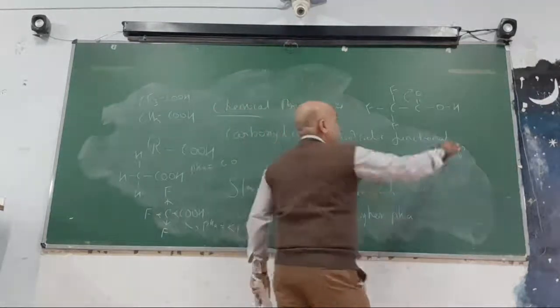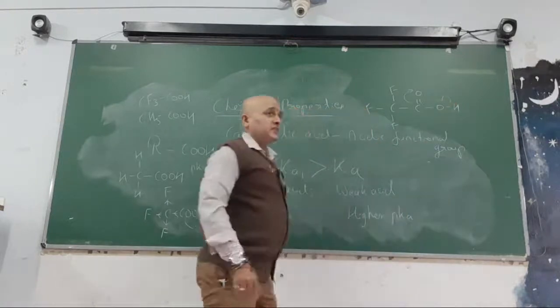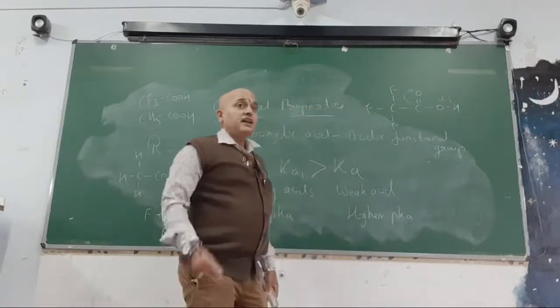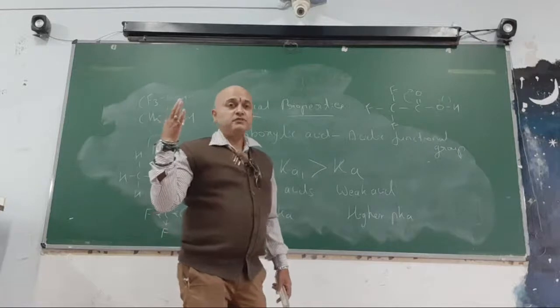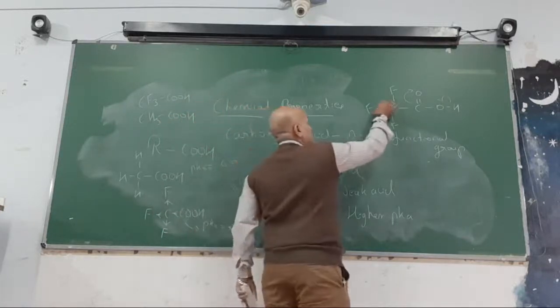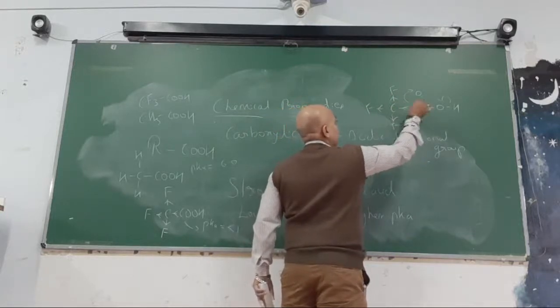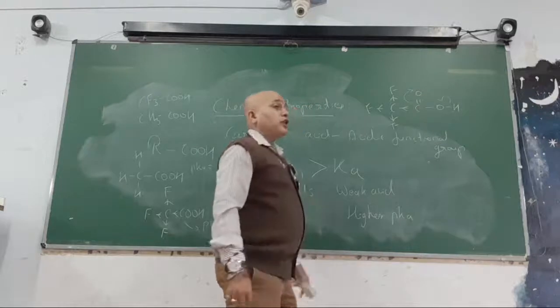So because of that, this bond has become weak already. But above that, there are 3 villains here. Who are those villains? 3 fluorines. They are enhancing the electron pulling.